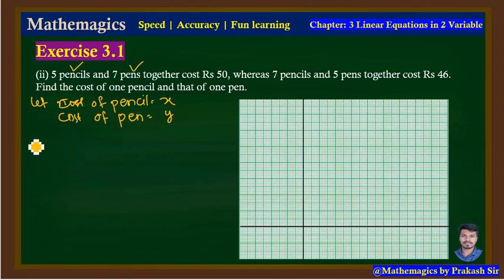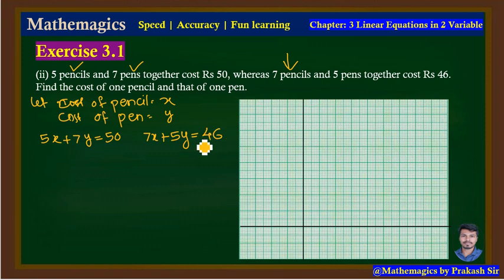So according to the question, we can say that 5 pencils means 5x plus 7 pens means 7y. The total cost is equal to 50. This is the first equation we are getting. And the second statement says that 7 pencils, it means 7x plus 5 pens means 5 into y, is equal to the cost, 46 rupees.